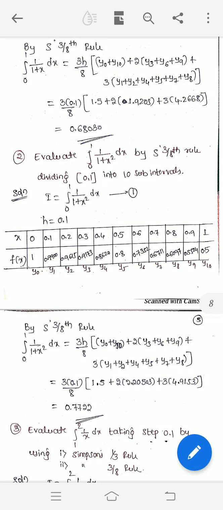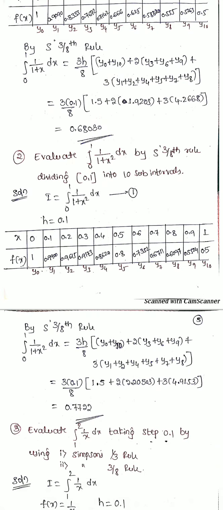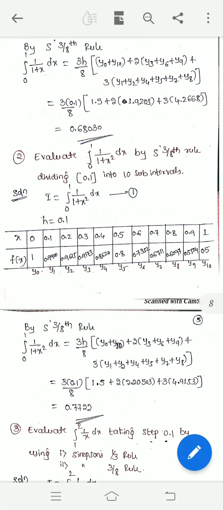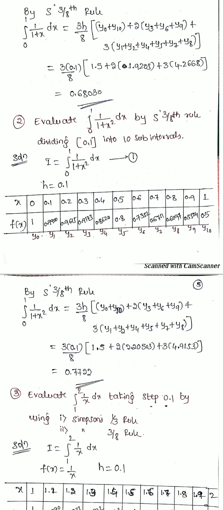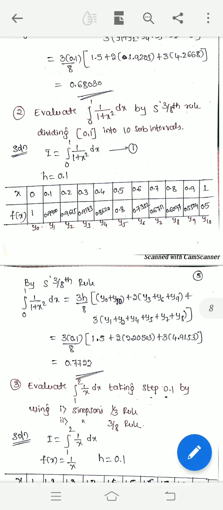This is the example given. Let I equal the integration from 0 to 1 of 1 divided by 1 plus x square dx. Call it equation number 1, where h is equal to 0.1.